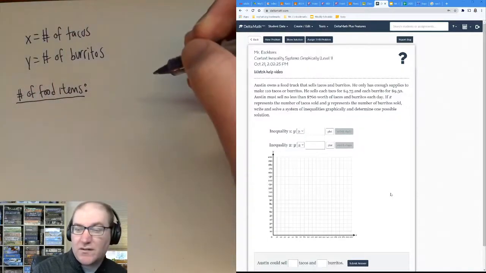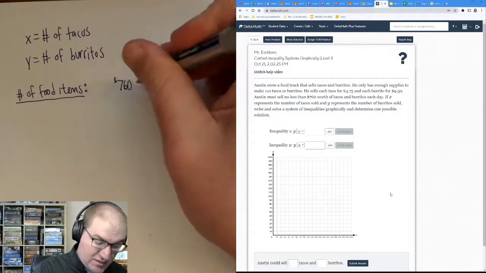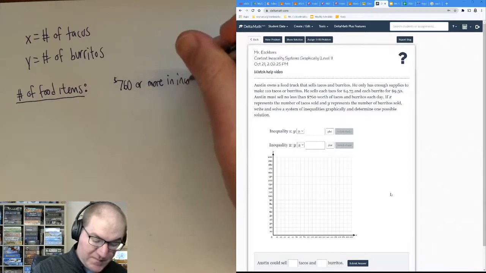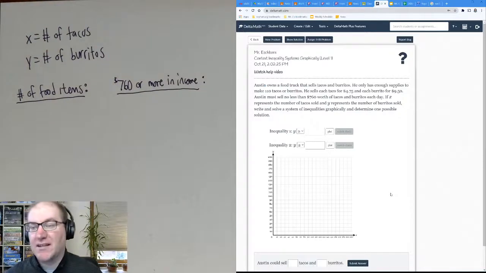And the second fact was that he must sell $760 or more in income. So let's make sure we deal with a second inequality that talks about how much money he takes in.